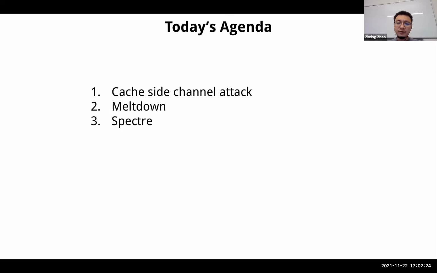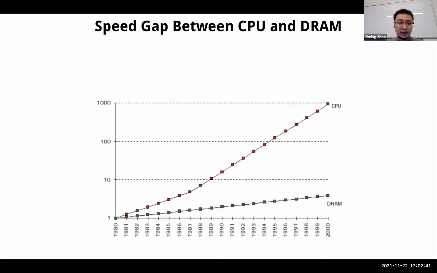I don't know how many of you heard about Meltdown and Spectre before. They are both related to optimization inside of the CPU, and both of them somehow rely on cache side channel attacks, but it's beyond cache side channel attacks.